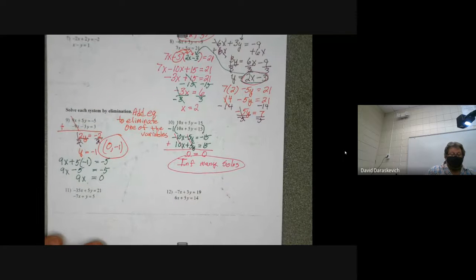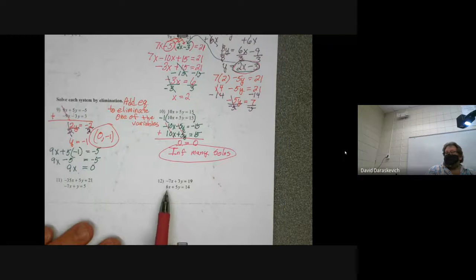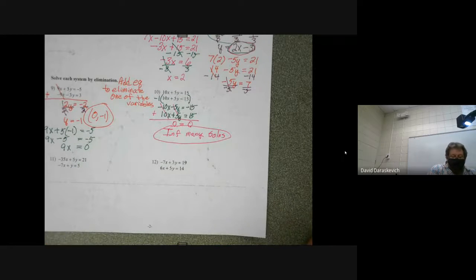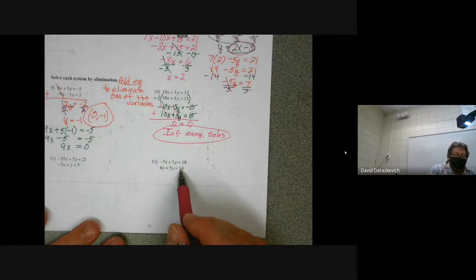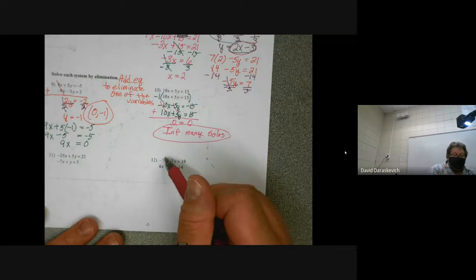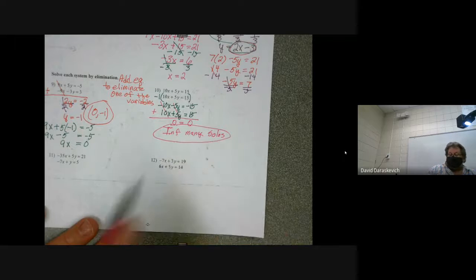Sometimes they get a little tricky. Number 12, if I add these together, neither of the variables is going to eliminate. If I multiply one of the equations by a number, they're still not going to eliminate. What I like to do is, first of all, I look for a variable with different signs because that's always easier. But I'm going to try to get rid of my x's.